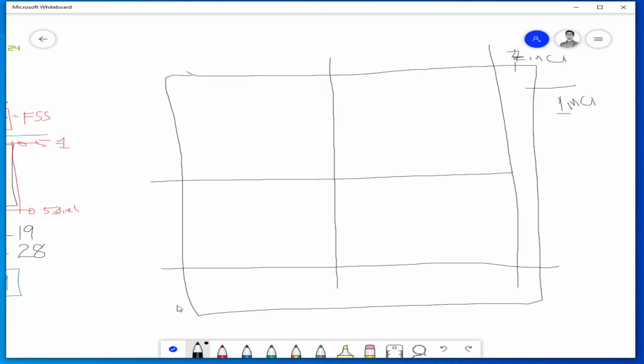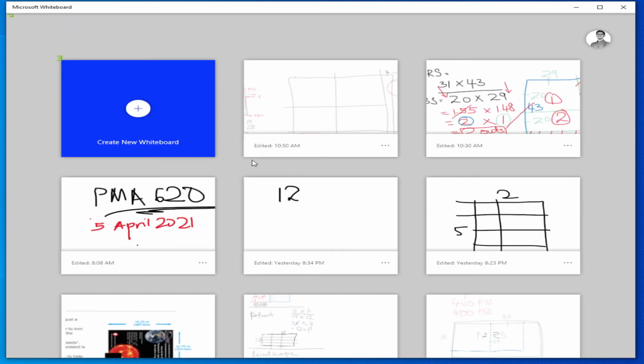Okay, this one patut saya letak color lain lah supaya nampak 1 inci. Yang ni 7 inci. Okay, what I want you to do now, make a comparison between these ways and ni, 7 dengan 1 inci.